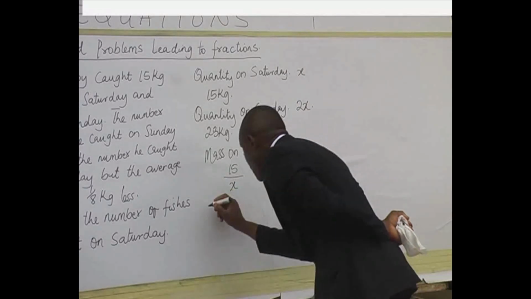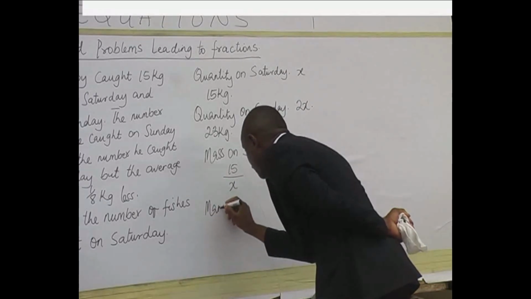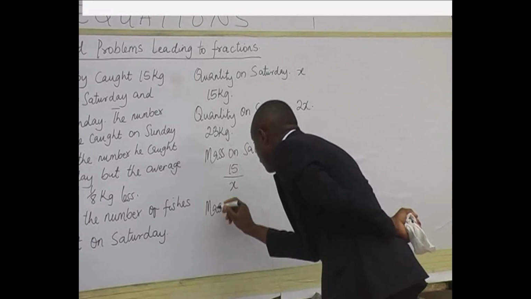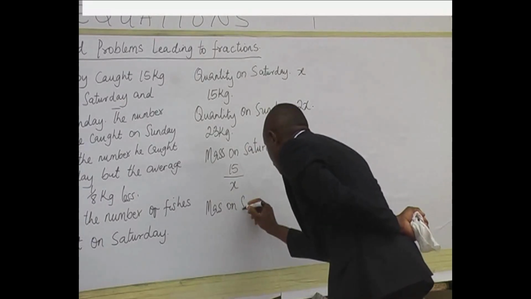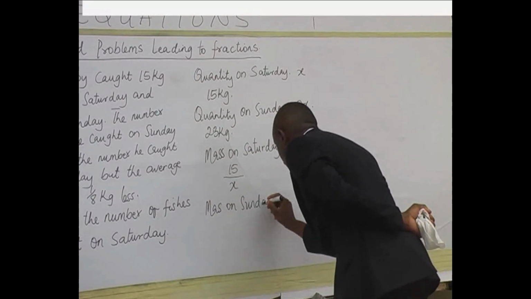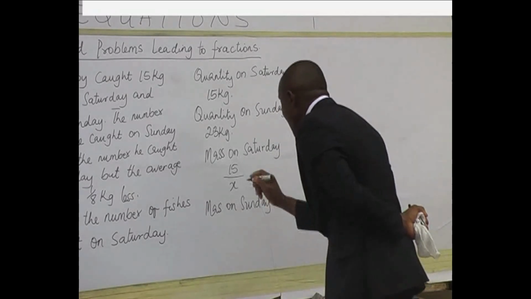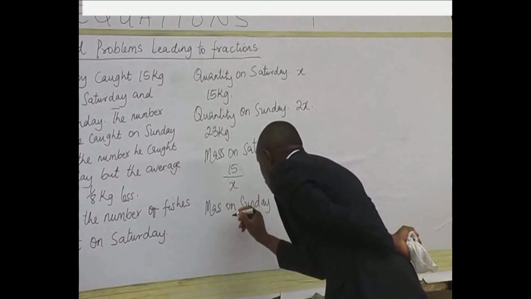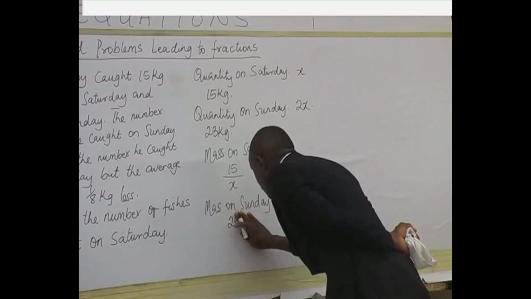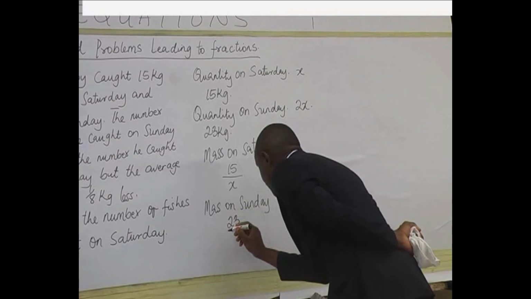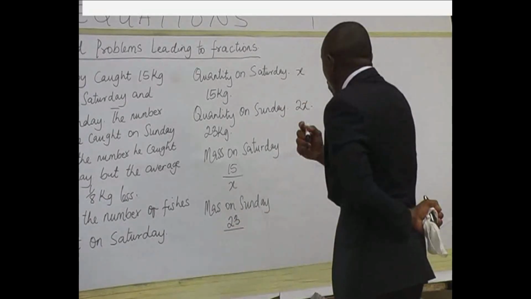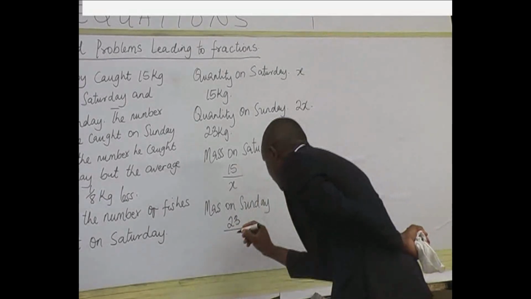Then also on Sunday, the average mass on Sunday is going to be total mass caught, which is 23 kilograms, divided by the quantity, which is 2X.